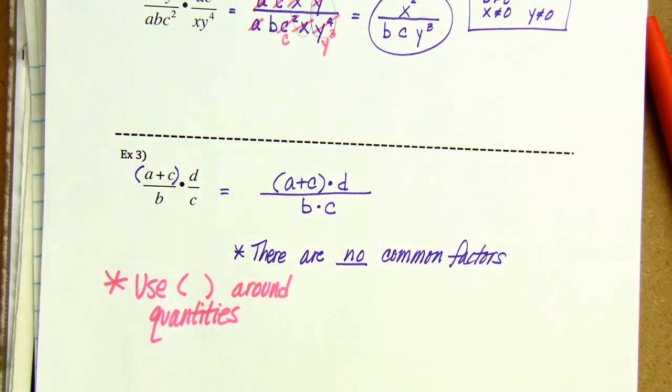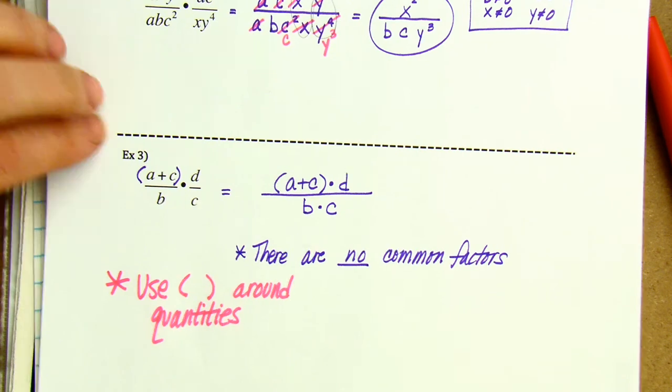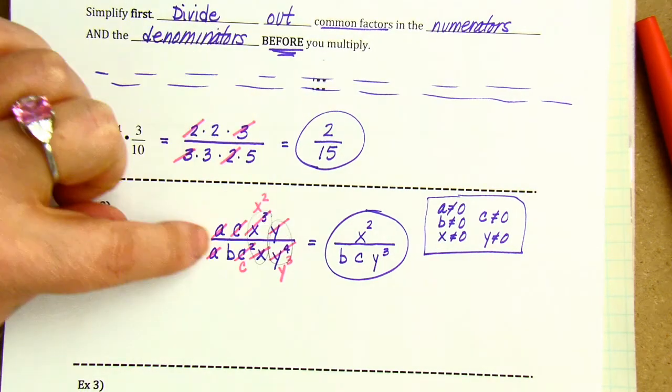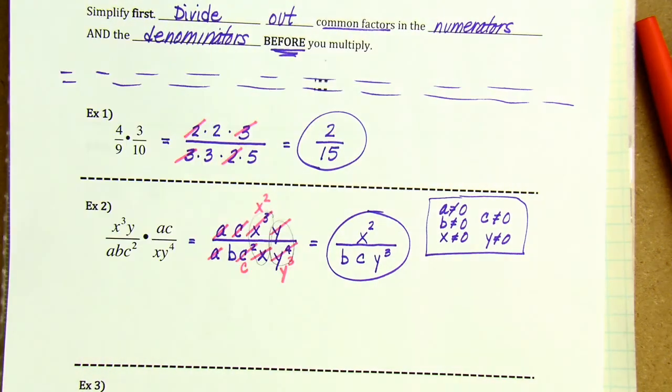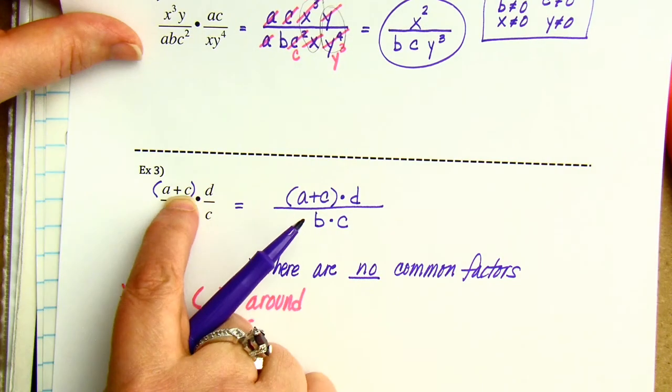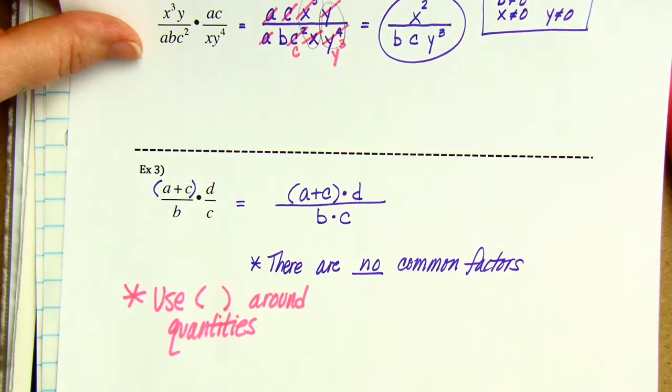You cannot divide them out. Division and addition are not inverses. Multiplication and division are inverses. We could only divide out up here because what was happening between all of the terms was multiplication. What's happening between these terms is not, right? That's addition. So be careful of that.